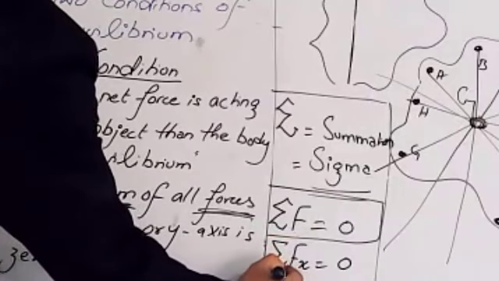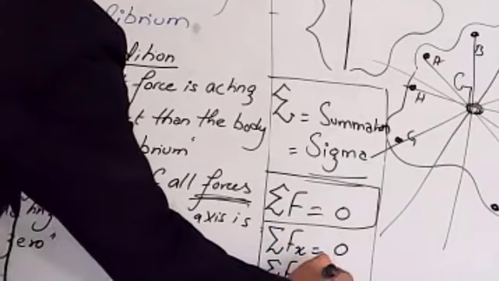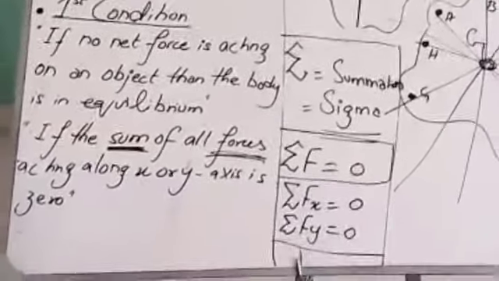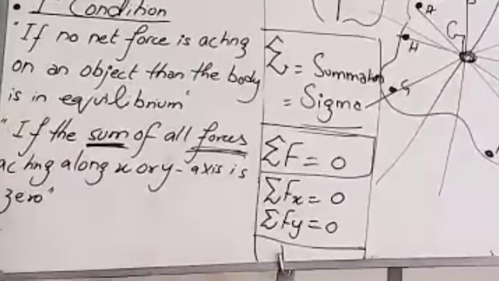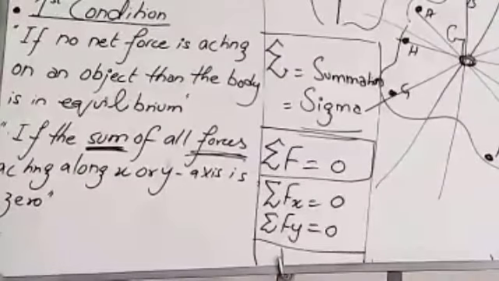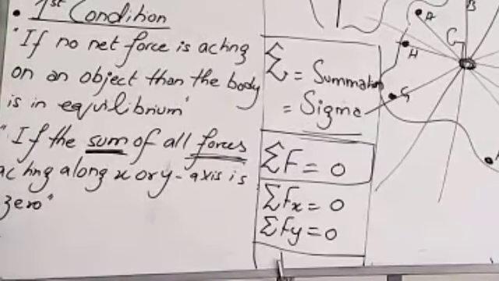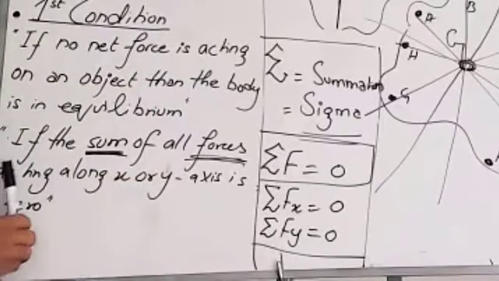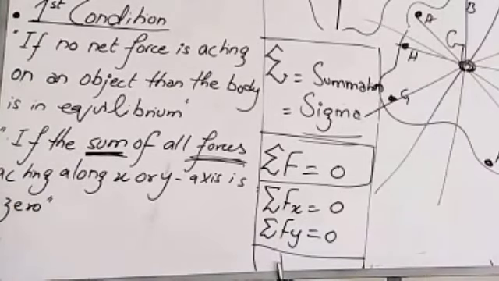Sum of all forces acting along the y axis is 0, then we say that the body fulfills the first condition of equilibrium. Okay, so this is equilibrium: the object is in equilibrium if no net force is acting, or the sum of all forces acting along the x or y axis is 0, then it satisfies the first condition of equilibrium.